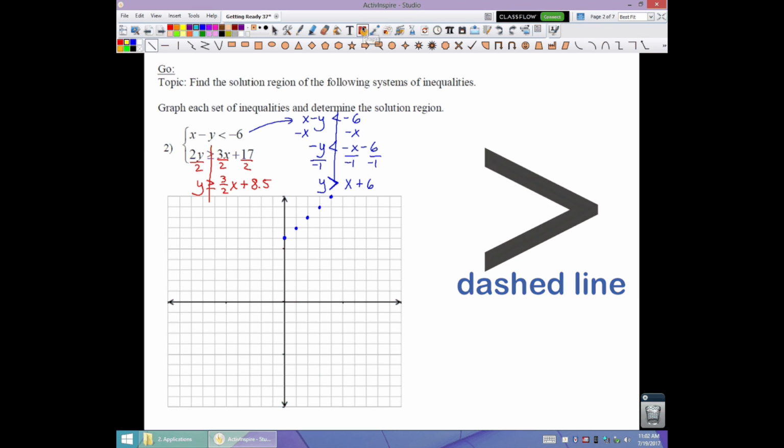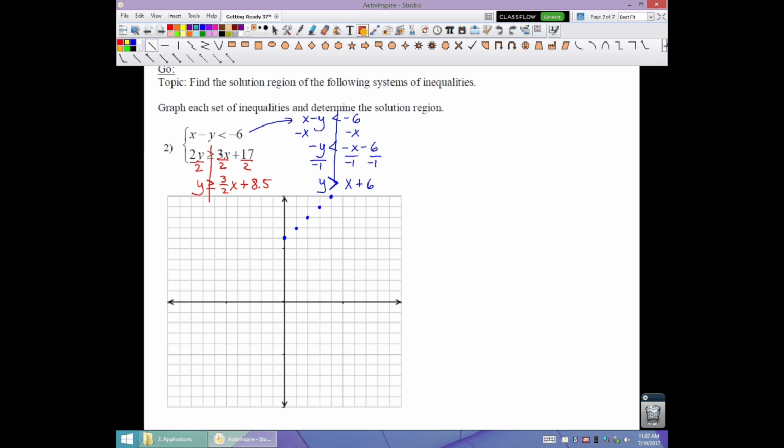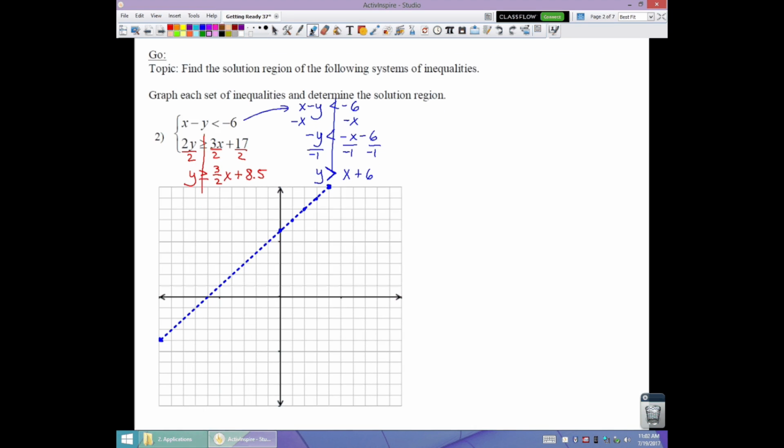There's no little bar under the inequality symbol. So let me find my dashed line tool here. And we can trust the inequality in the slope-intercept form. So that greater than tells me to shade everything above this dashed blue line.